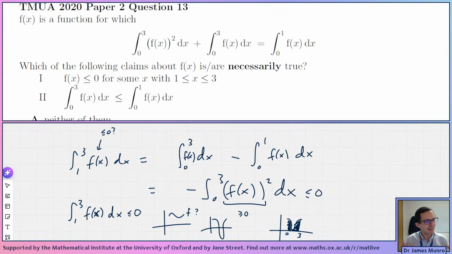Let's put the word necessarily in bold. But because it is true, there's not really much to think about there. It just is a true fact. The word necessarily here is highlighting the idea that if it depends, if it's true for some functions and false for some functions, they would like you to say no to this claim.